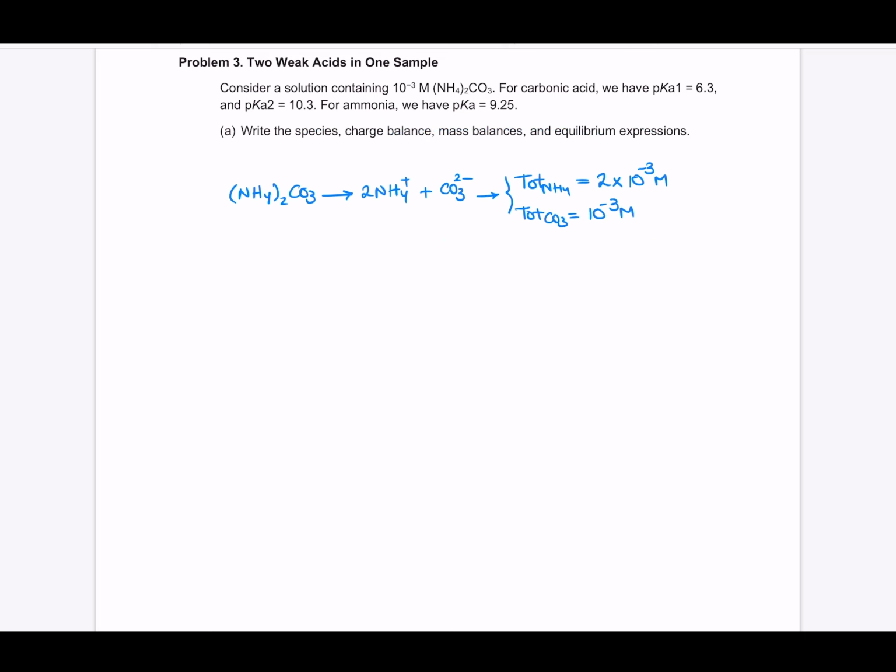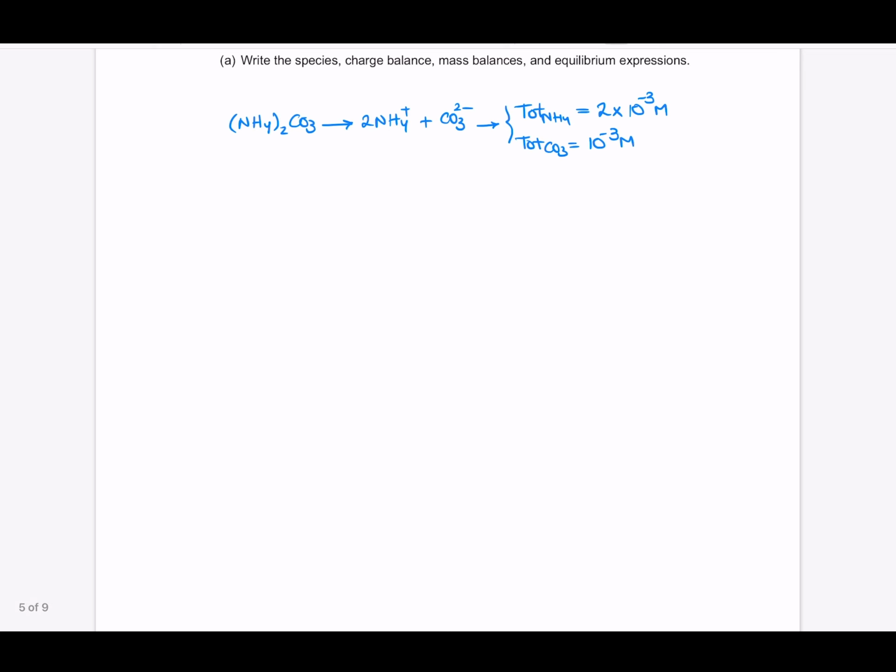And now, as a consequence of this introduction, we have these acid-base reactions. Before the species, we can write all the equations. This ammonium can participate in an acid-base equilibrium to ammonia plus H plus.